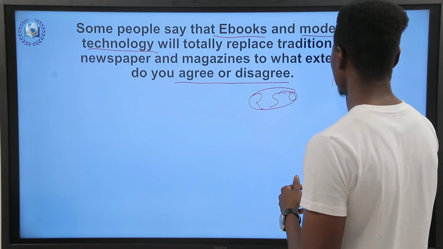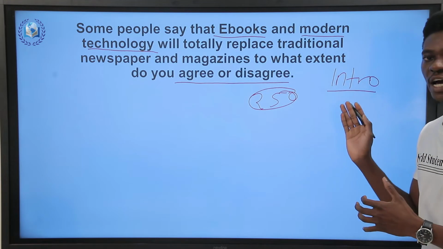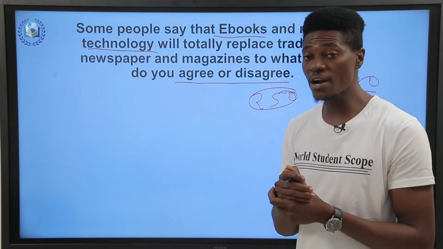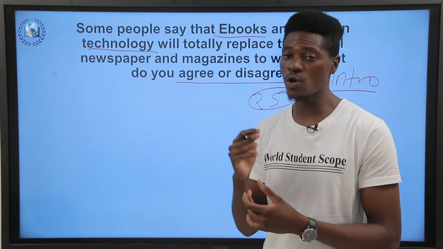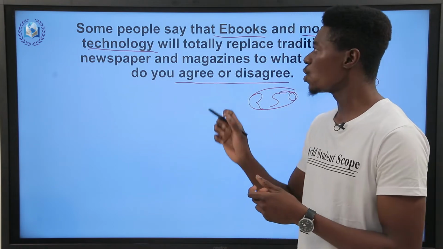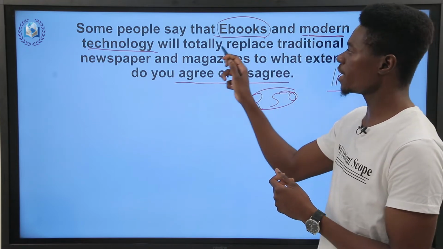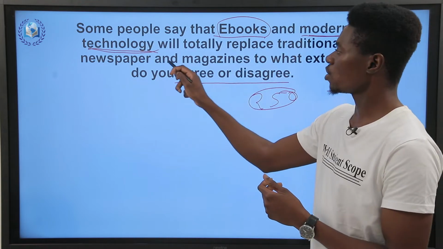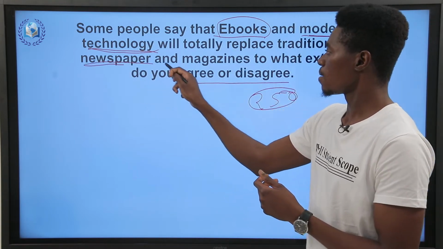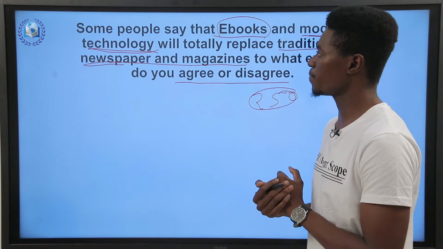In your introduction, you have to paraphrase the question. For example, if we try to find the keywords from the given question, we can get e-books and also modern technology, and also magazine and newspaper, traditional magazine and newspaper.